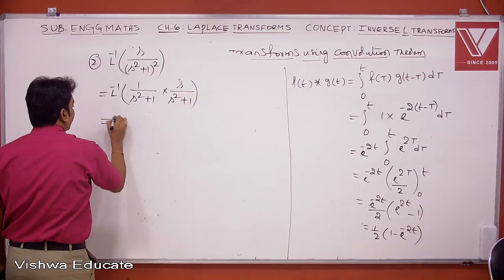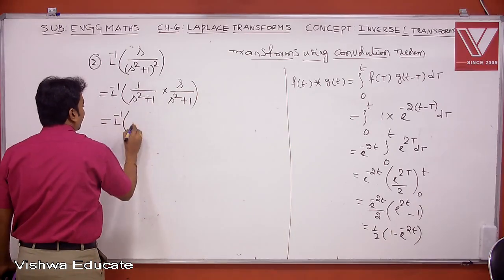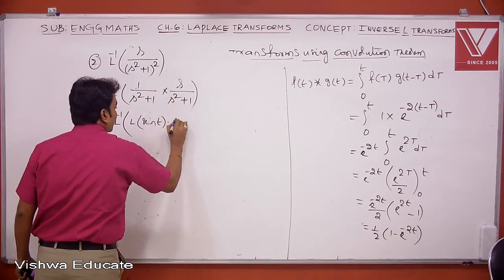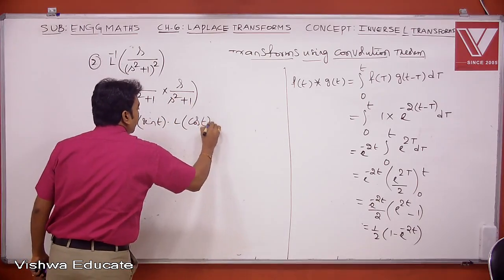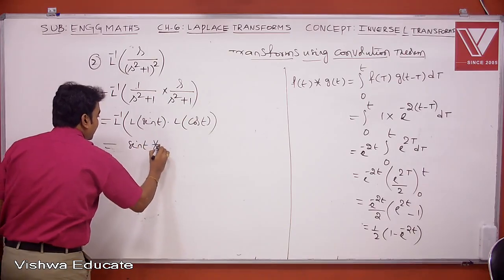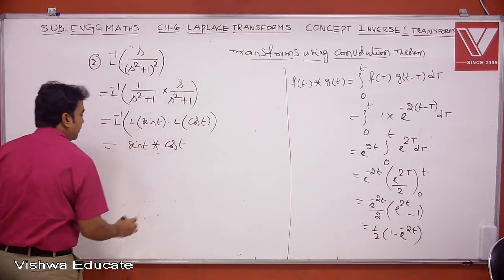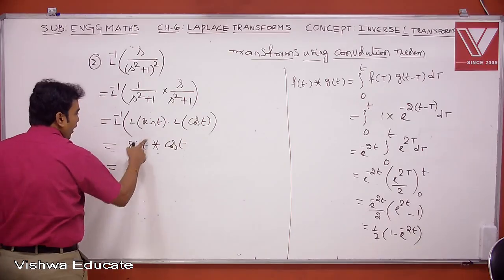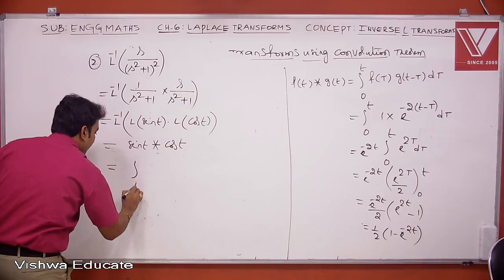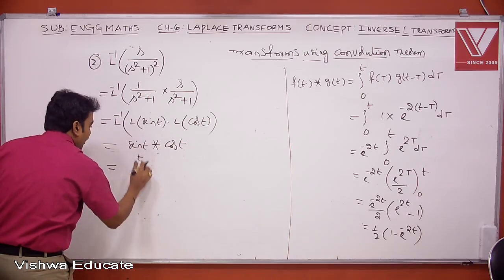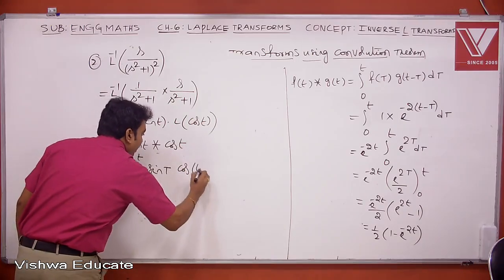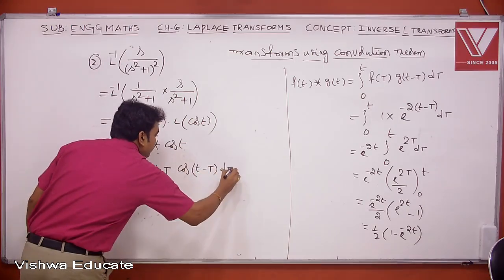So 1 by s square plus 1 is L of sin t, and this is L of cos t. By convolution theorem, this is sin t star cos t. So f of t is sin t, g of t is cos t. By convolution this is integral 0 to t of sin T into cos of t minus T dT.